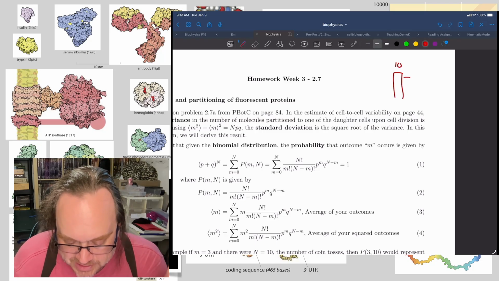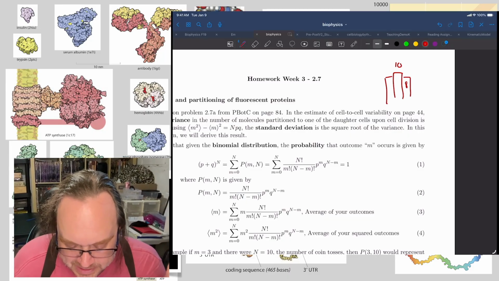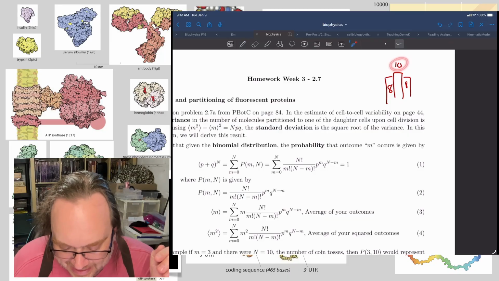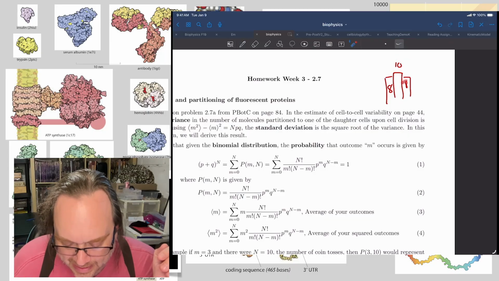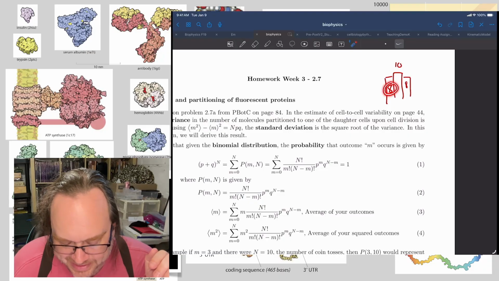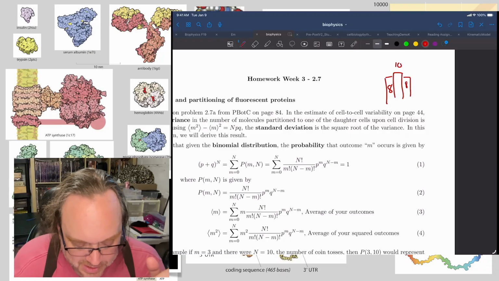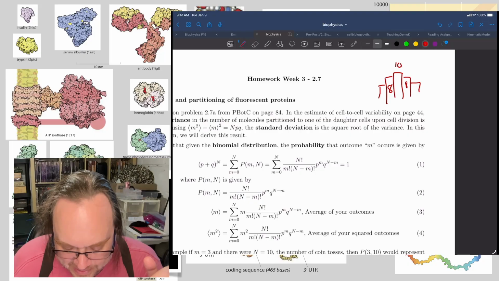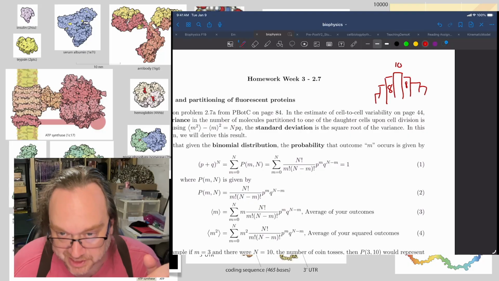Then the next number, maybe 8 this way and maybe 8 this way. Well, what does that mean? Well, if I get 10 heads here and 8 heads here, that means I got 12 tails. And if I got 8 tails here, that means I got 12 heads. The point is you've got some finite, limited number of outcomes that you're going to get.